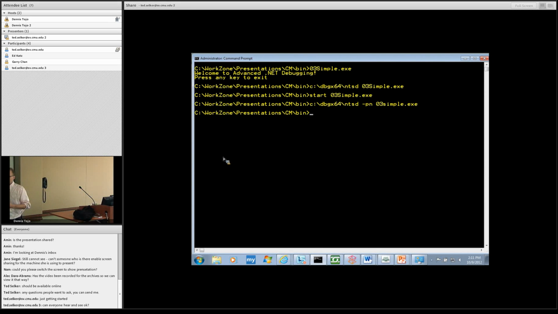So I'll give you an example. In .NET, we have this beautiful thing called the garbage collector, right? It's a new world. We don't have to free our memory anymore. It's awesome. Given that, I end up spending more than 50% of my time in managed code debugging memory issues. And that's just because people don't necessarily understand how the garbage collector works.